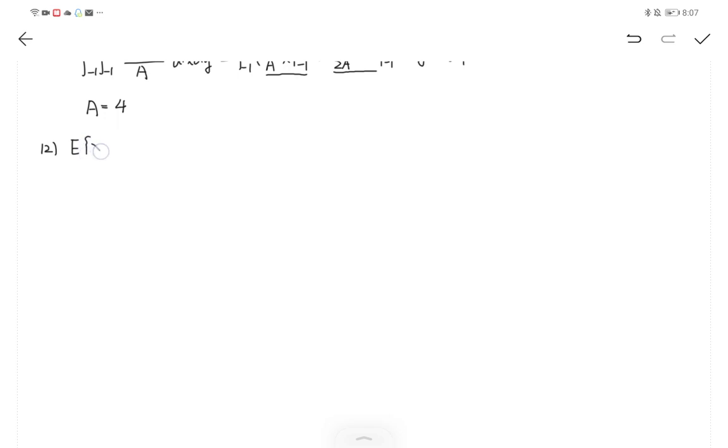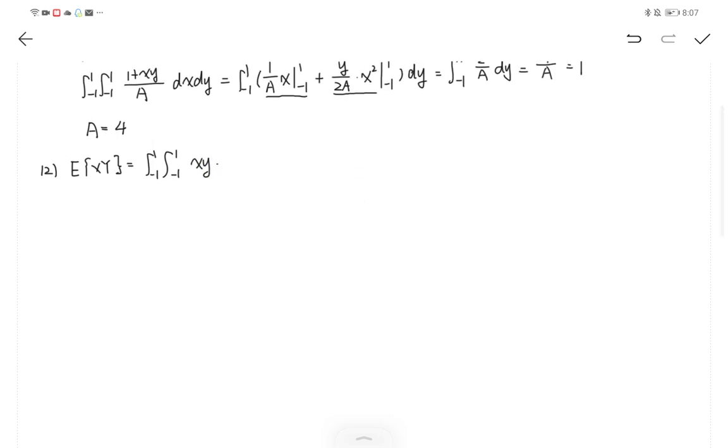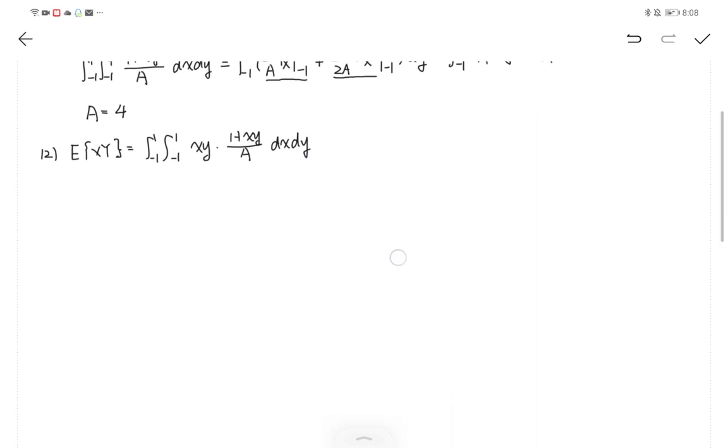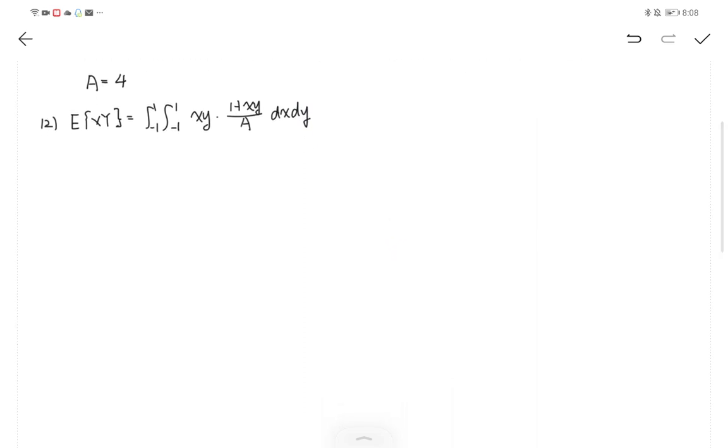So E[XY] equals the integral from -1 to 1 of xy times the joint density function, (1 + xy)/a dx dy, and we know that a equals 4, so this is 1/4.